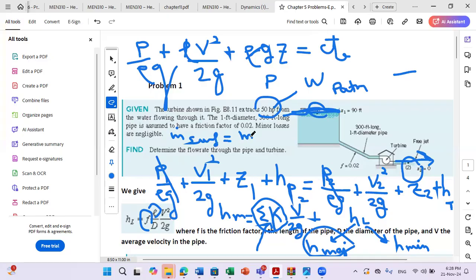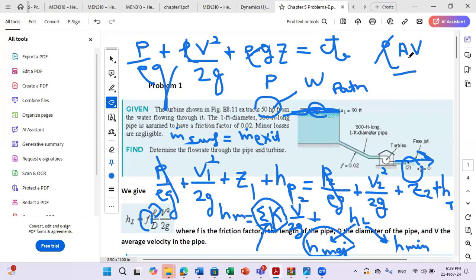And m dot is the mass flow rate, equal to the density times the area times the velocity. So it's rho times A times V. And since water is incompressible, rho is constant, so you can drop rho.